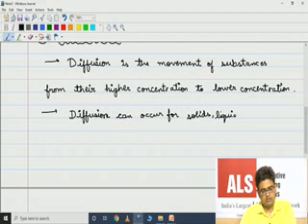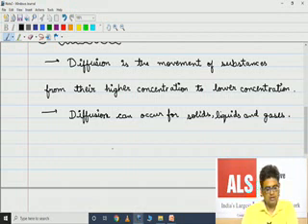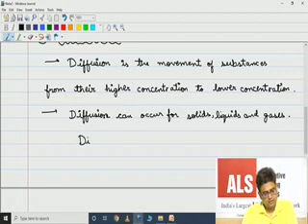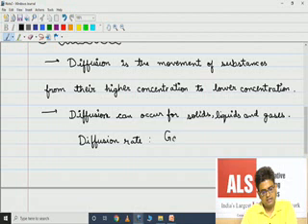Okay. But diffusion of gases is fastest. Diffusion rate: gases fastest, liquids intermediate, solids the least rate.